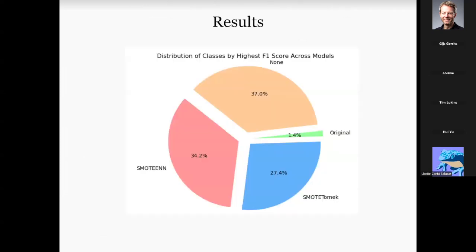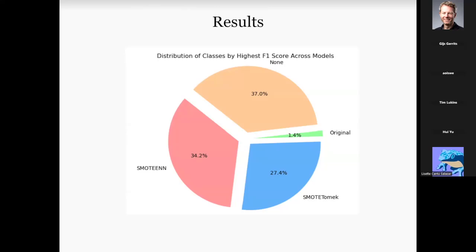So these pie charts demonstrate the distribution of classes by highest F1 score across models. For 37% of the classes, we didn't have a winner for the F1 score. That is actually a bit misleading because some classes have 1, 2, 3 images, and I didn't include those if they have less than 3 images per class.